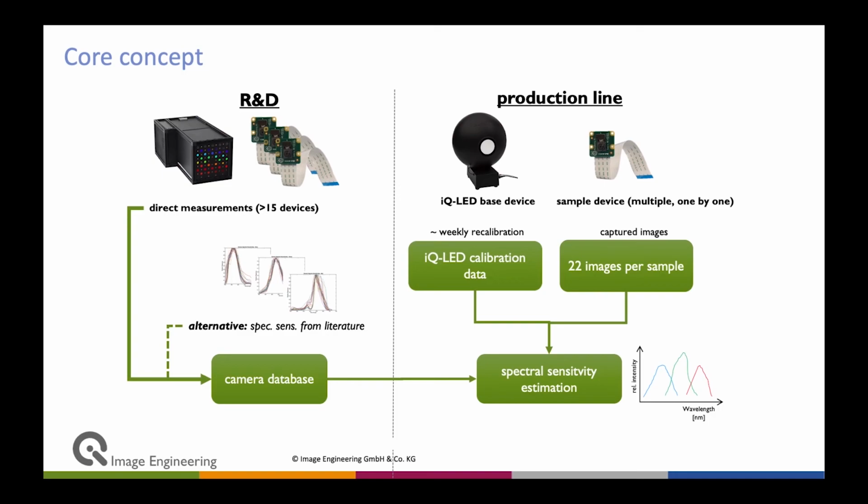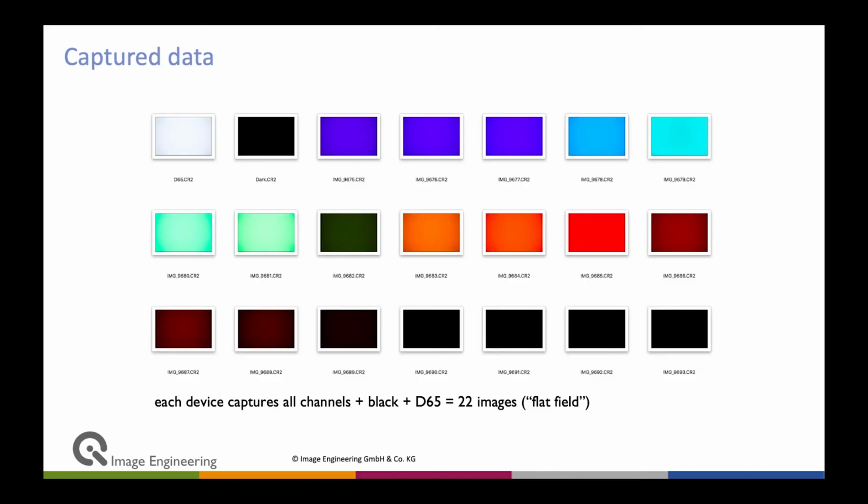Then on the production line, you have the IQ-LED device and your device under test. The device under test will capture images from the IQ-LED device as it changes colors. Together with the database, that all goes into the available API, and that will output your spectral sensitivity. What we need for that is basically 22 different images: the 20 channels of the IQ-LED plus a black plus one D65 white.